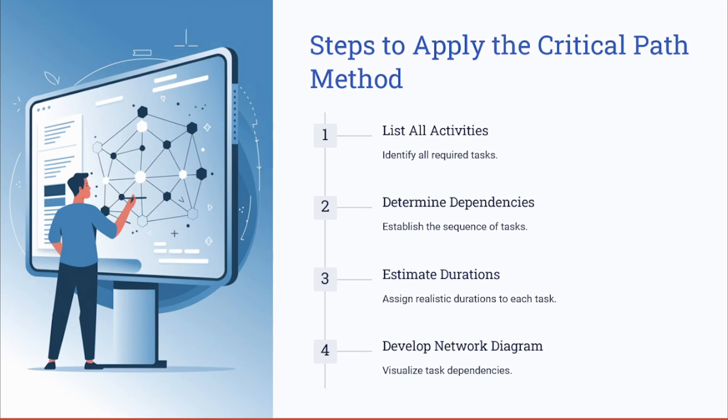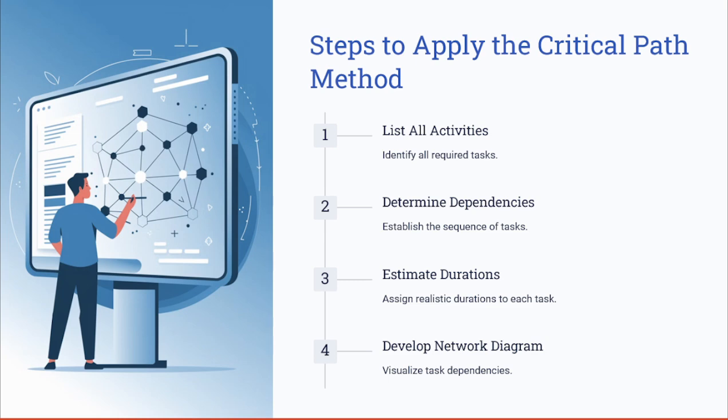Let's now look into the steps where you can start applying the critical path method. First, you need to start with listing all of the activities. If you recall, when we worked on the WBS, we identified all of the required tasks and work packages, and set deadlines for each. This is a very good resource to capture all of these activities and tasks.